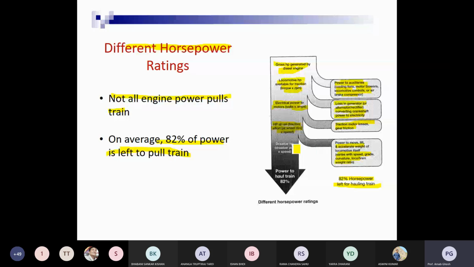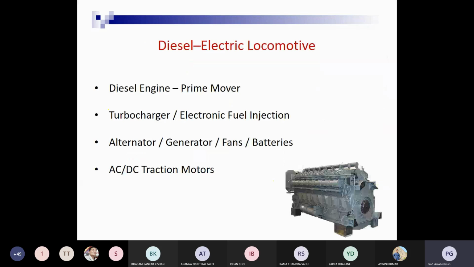Then drawbar HP and drawbar pull speed. Then power to the whole train is 82%, so you will get that 82% power. Finally you will obtain it, and that's why the 18% is also known as ATC loss. So that 18% of energy will be dissipated, from gross to utilization of the energy. So here you can see the diesel electric locomotives.